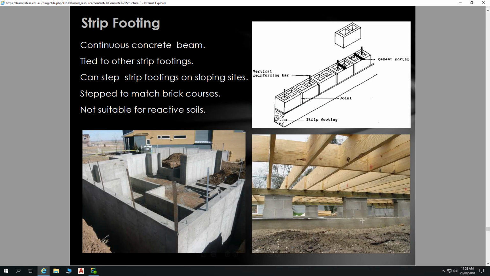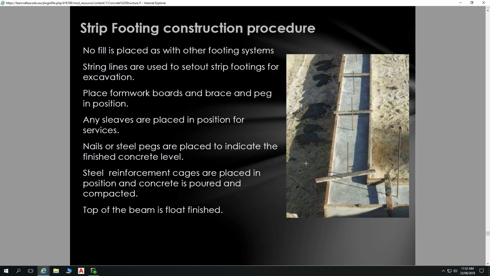And then strip footings. That's where you've just got a strip, in this instance of concrete, and then your structure relies upon those strips. Those strips are not tied together with a slab, so they're not working in concert, and hence this type of construction is often far weaker and won't handle reactive soils very well.